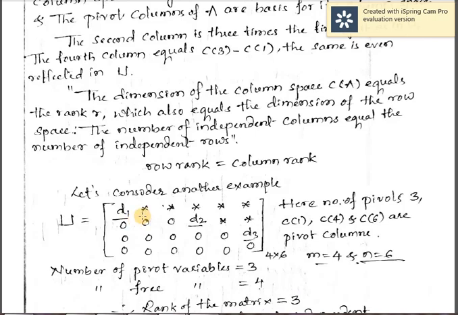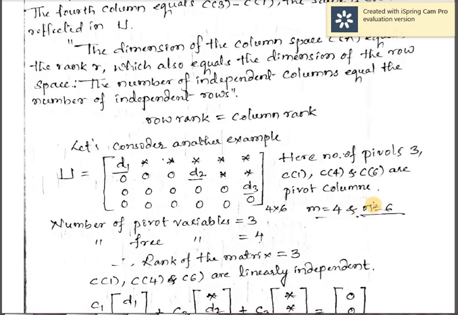And if we are solving this example wherein the 4 into 6 matrix is there, here the number of pivot elements are 3. So we'll be having the rank of this matrix as 3. And as there is a row of zeros here, we'll be having n as 6 here, m is 4 and n is 6.